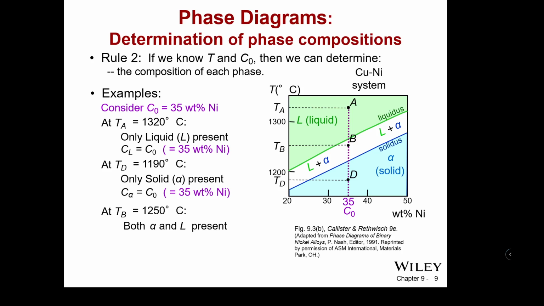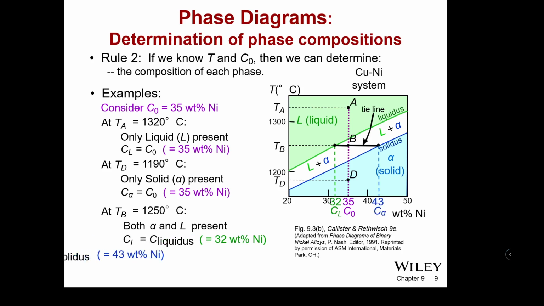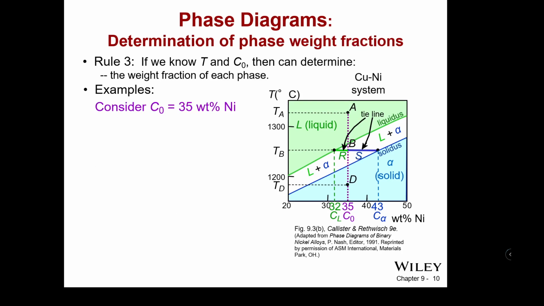Trinary phase diagrams are nightmarish to interpret, but still important. So these tie lines help us to understand. On the liquid side, we drop the line straight down to 32 weight percent nickel. On the solid line, we drop it down to 43% nickel. So even though it's transitioning, if we continue heating that same material, we will get to a liquid that is uniform again once we hit that liquid line.